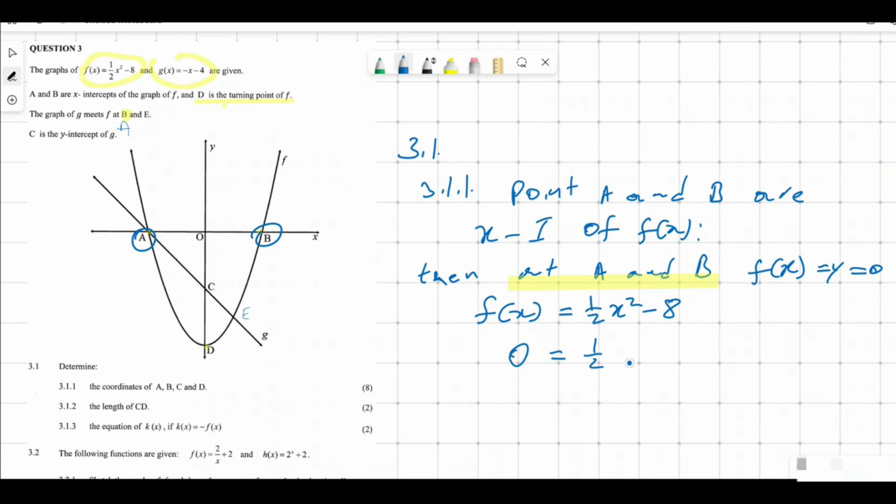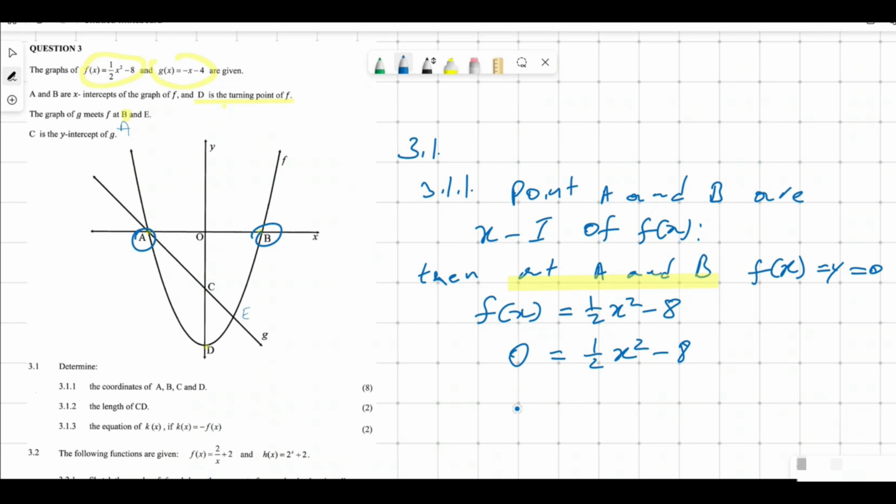0 equals 1 over 2 x squared minus 8. Because we don't have a coefficient of x, we transpose the constant to the other side. It becomes much easier that way.